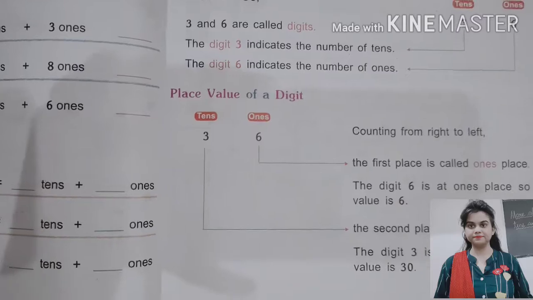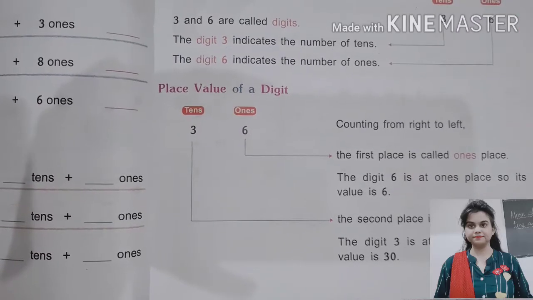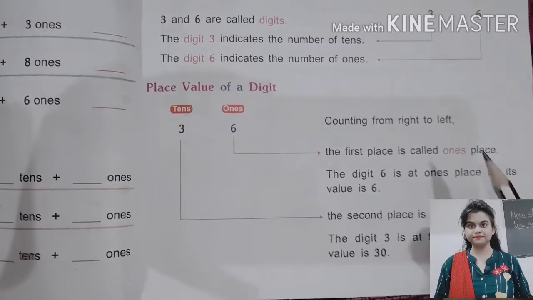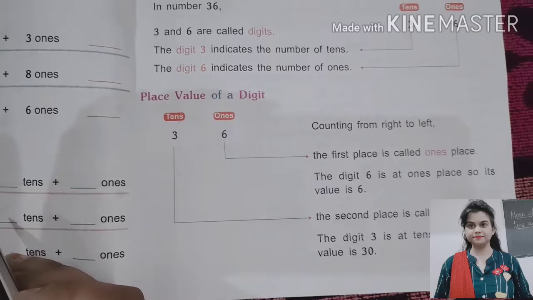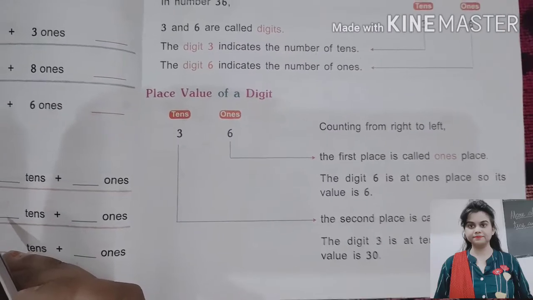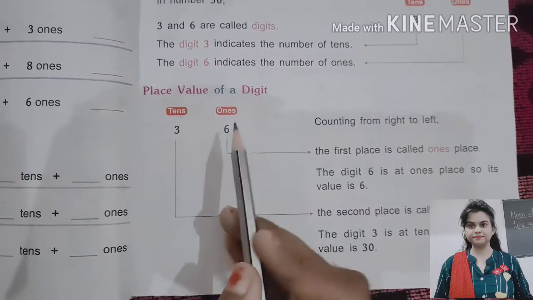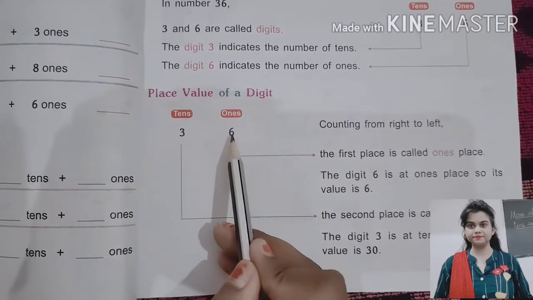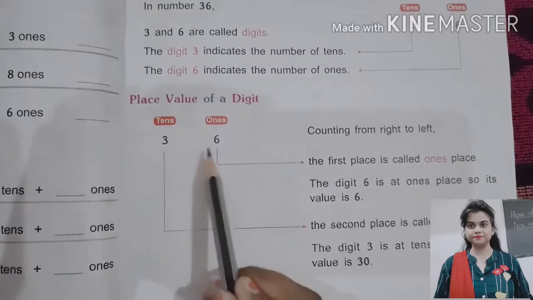Whenever you write a number, always start counting from right to left. This is your right hand side, so right to left. When you count any number, always count from right to left.